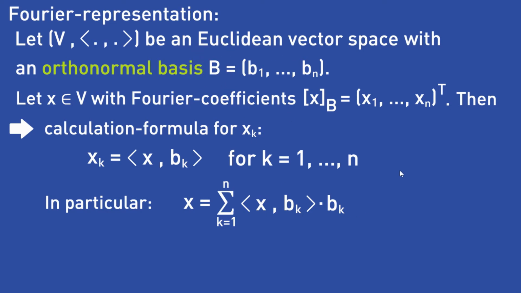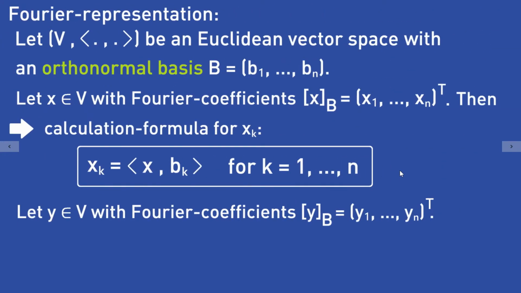You also have this result here. If you have another vector y in the space V with Fourier coefficients y1 to yn, then the scalar product of the vector x with the vector y is equal to the sum from k equals 1 to n of xk times yk.